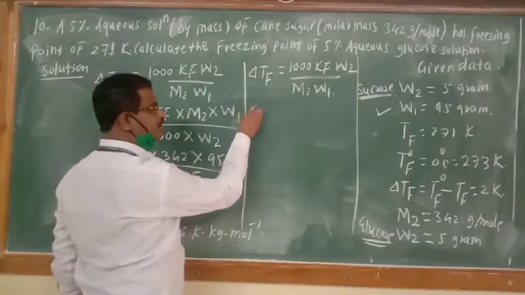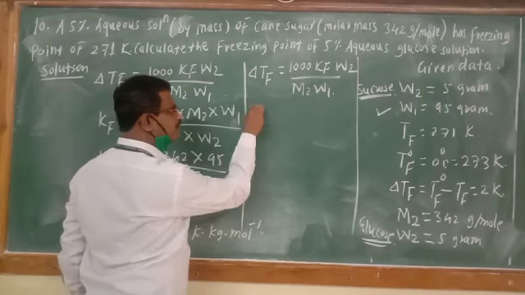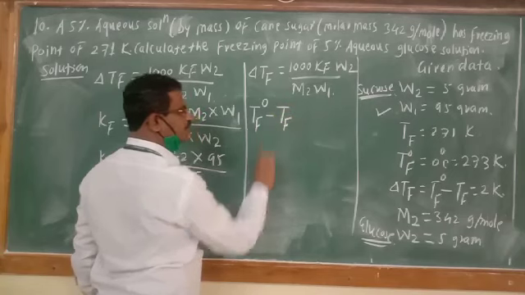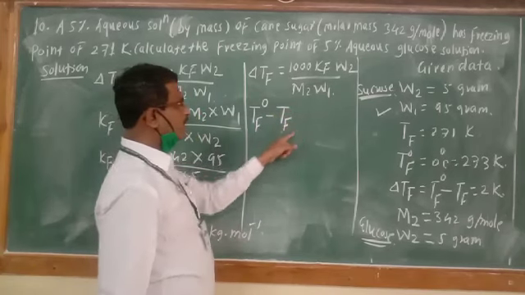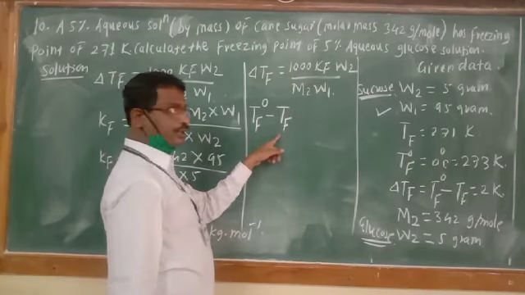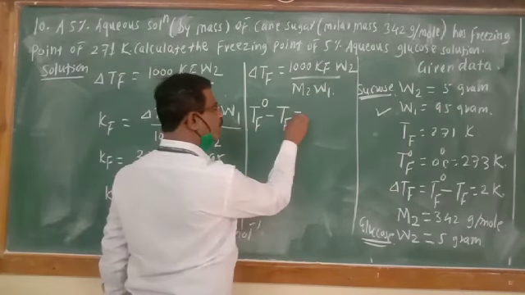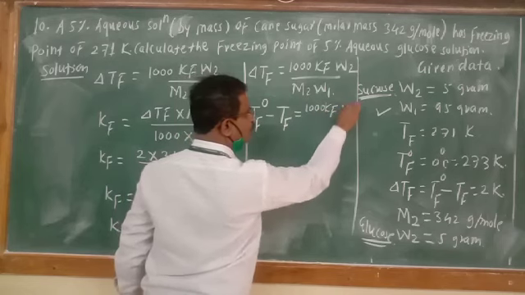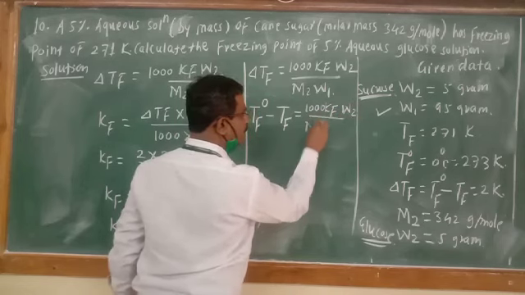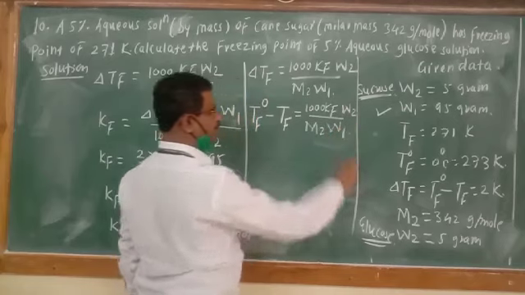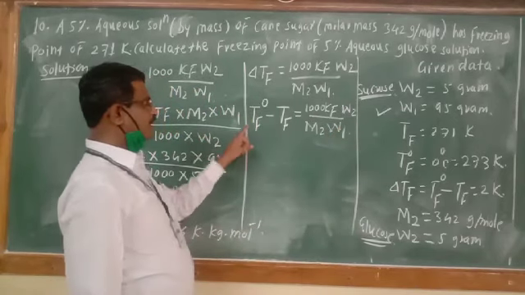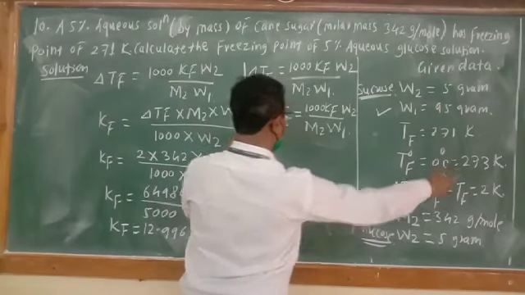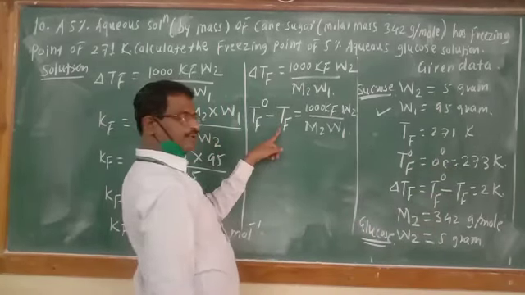Delta Tf is nothing but Tf0 minus Tf. This is what we have to calculate. It is equal to 1000 Kf W2 divided by m2 W1. Now Tf0 we know, this is 273. Tf we have to calculate.